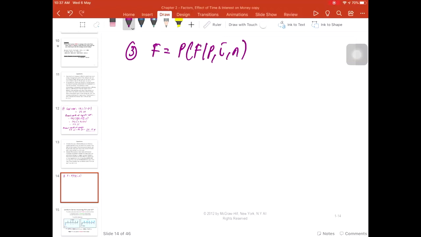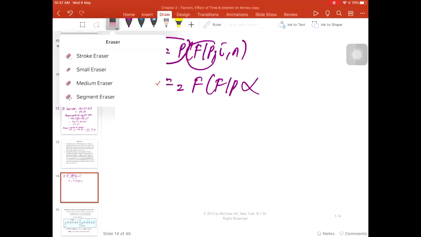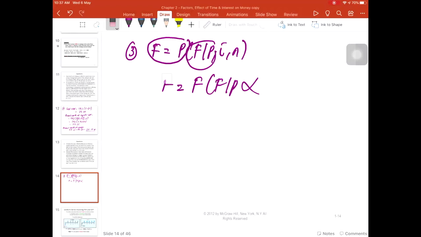You can see this one, F over P. Jangan salah. F over P, i, N. You have to find F, P is given, and then you have to use that formula. Okay, students also make a mistake sometimes. F over F, P. Okay, this is wrong. Okay, you have to follow the steps.